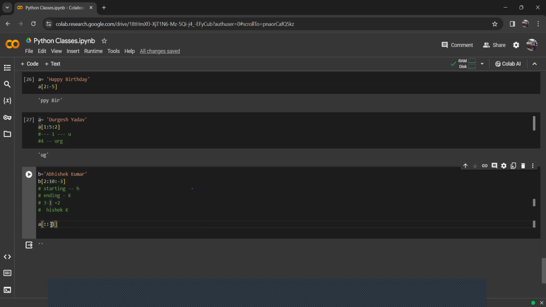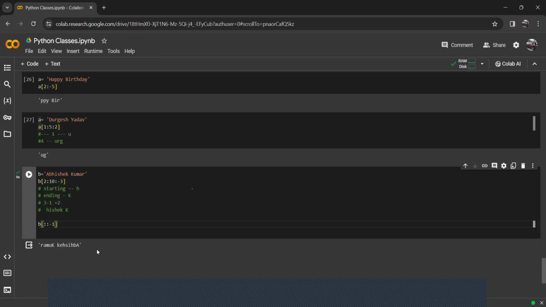Now, if I'm using minus 1 here, tell me what will be the output. It will reverse the string.